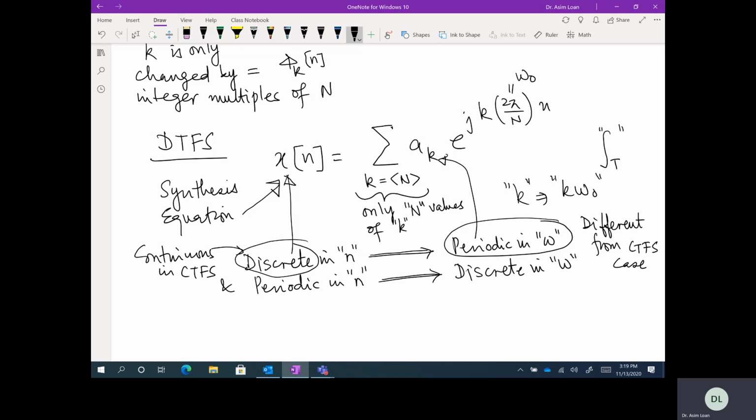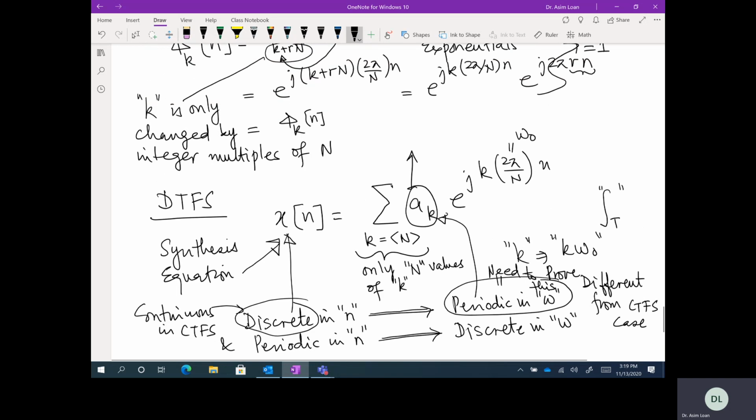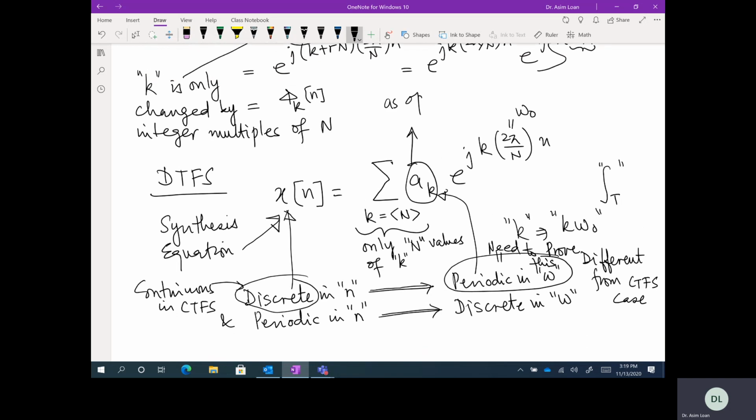So how can we say if the a_k's are periodic? This we need to prove. But this shows your a_k's, as opposed to continuous time Fourier series, are periodic.